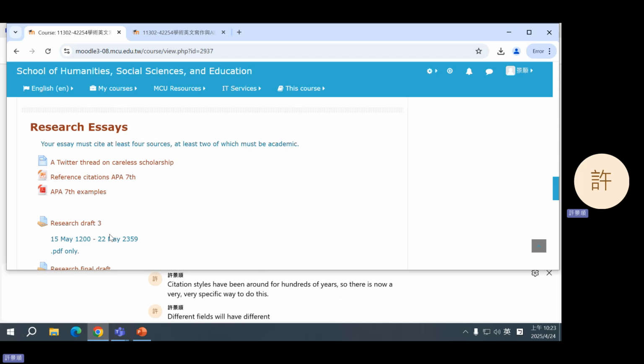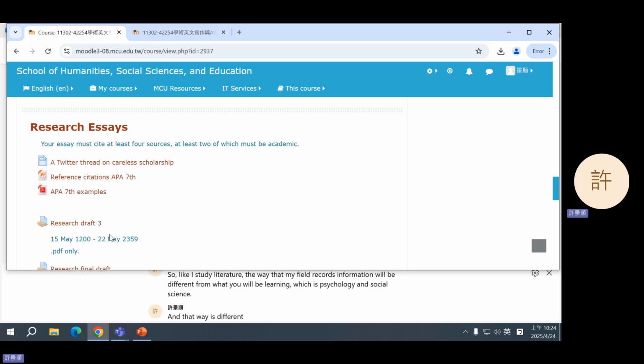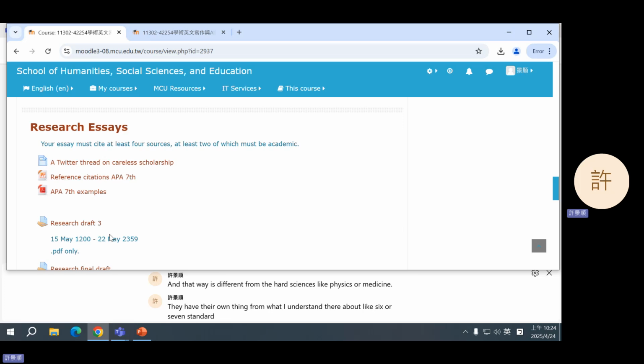Like I study literature, the way that my field records information will be different from what you will be learning, which is psychology and social science. And that way is different from the hard sciences like physics or medicine. They have their own way. From what I understand, there are about 6 or 7 standard citation styles. So you will be learning one of them.